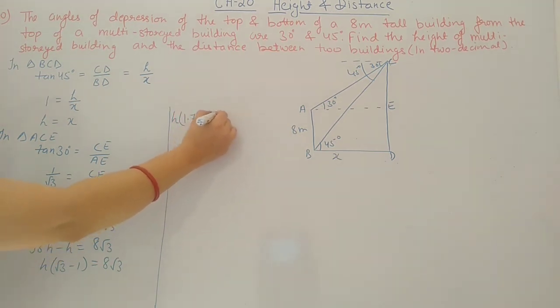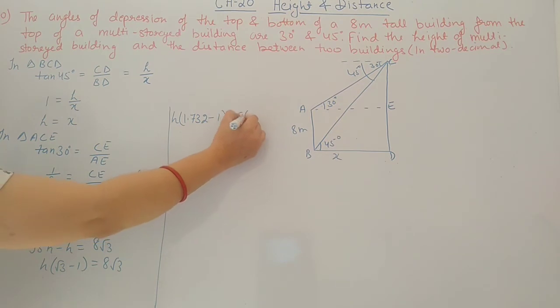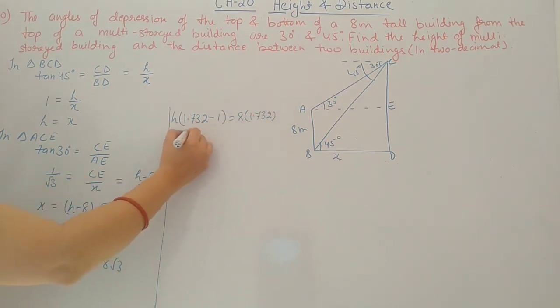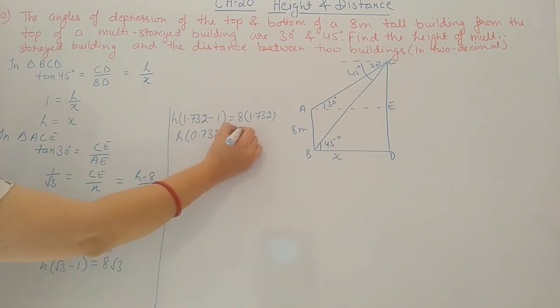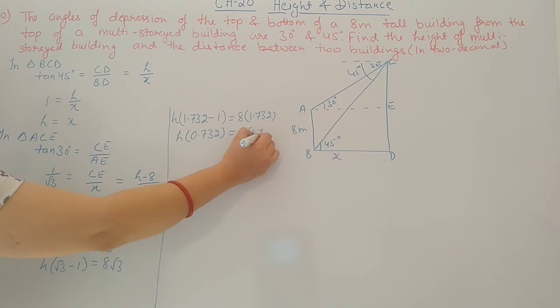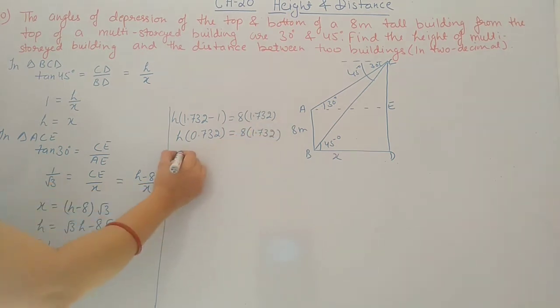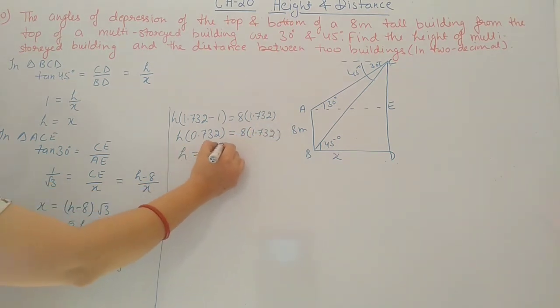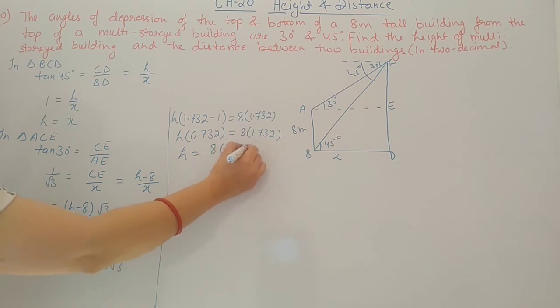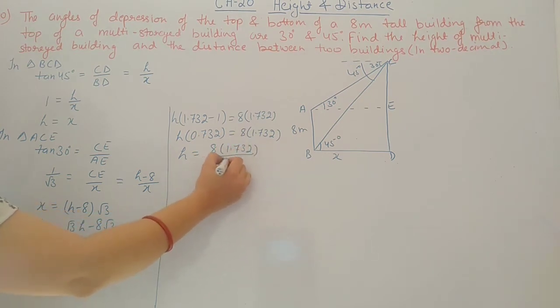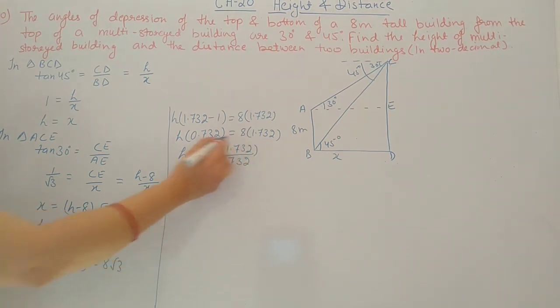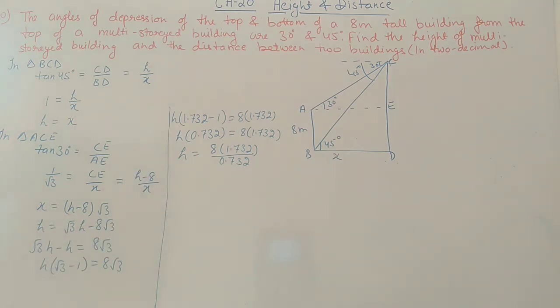H into 1.732 minus 1 equals 8 into 1.732. So H into 0.732 equals 8 into 1.732. H will be 8 into 1.732 by 0.732. Multiply and divide, do the calculation.